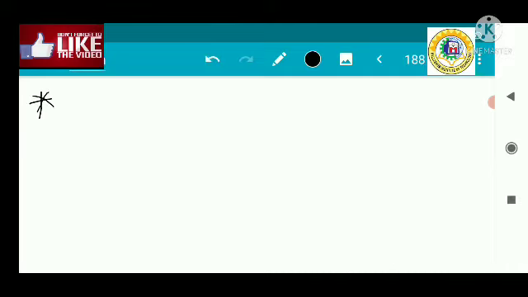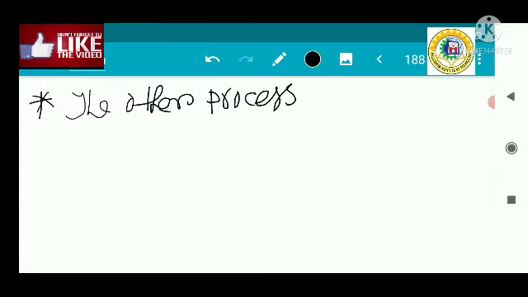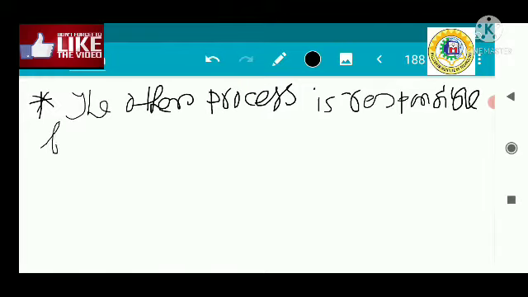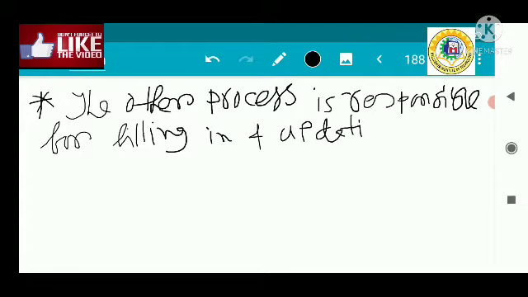Now what is the second task? The other process is responsible for filling in and updating the routing table.